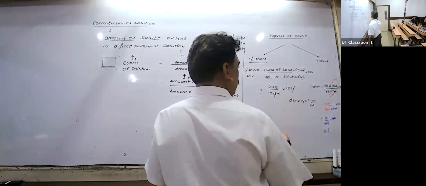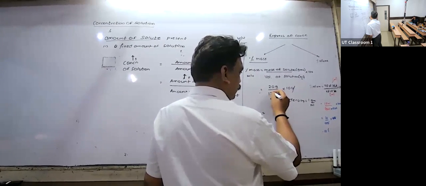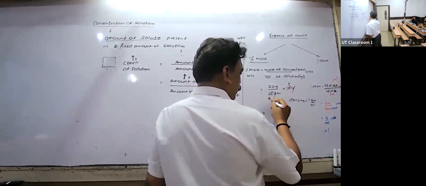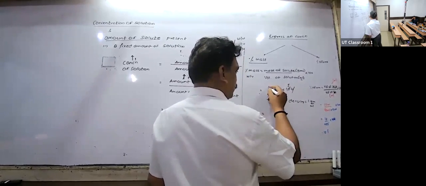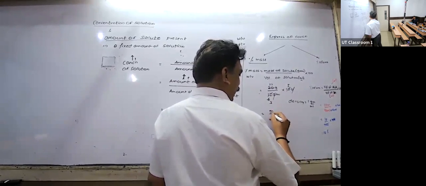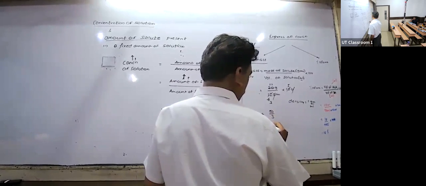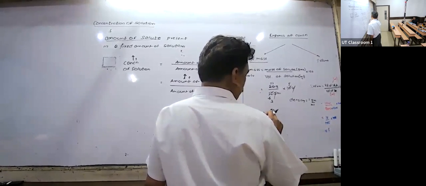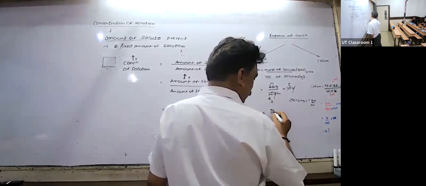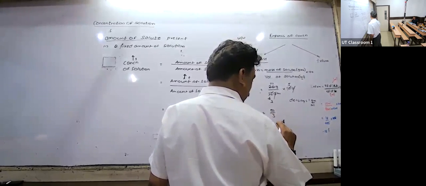Now we have to solve this. This is 10, right? 2 into 100 upon 120, this becomes 50 upon 3. Now direct division: 3 1s are 3, then 2 remains, 3 6s are 18, then again 2, and so on. It comes to 16.66, that is 16.7.